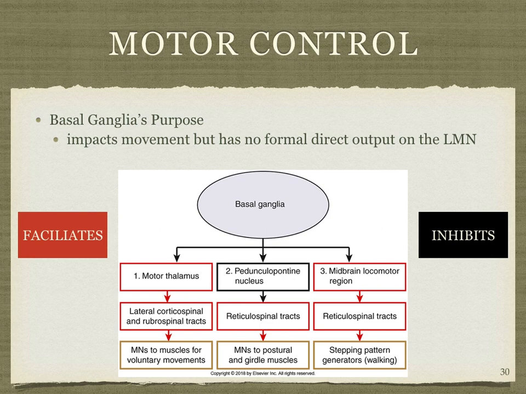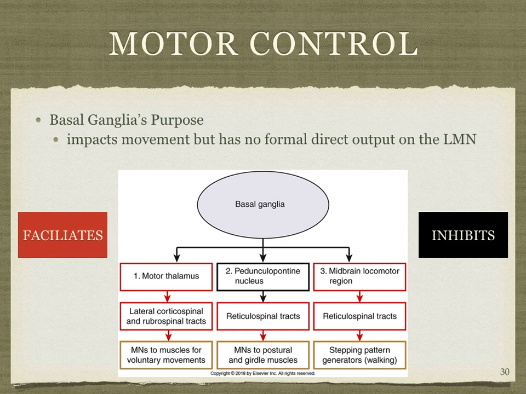On the pedunculopontine nucleus, which is in our pons, what's happening is that this output from the basal ganglia is inhibiting this structure, which then the PPN inhibits our postural performance.